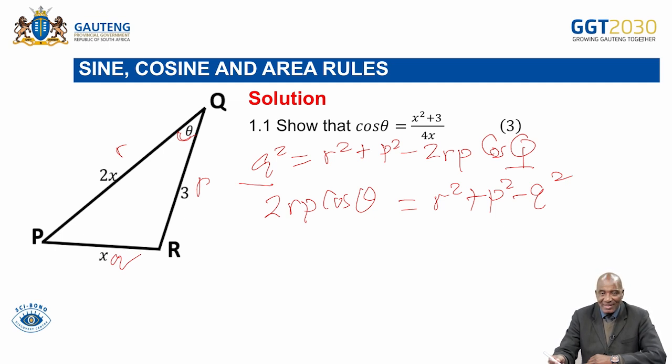Proceed on your own and replace R, P, and small q. The whole idea is to show that cos of theta is x squared plus 3 divided by 4x. Our answer is in terms of x.